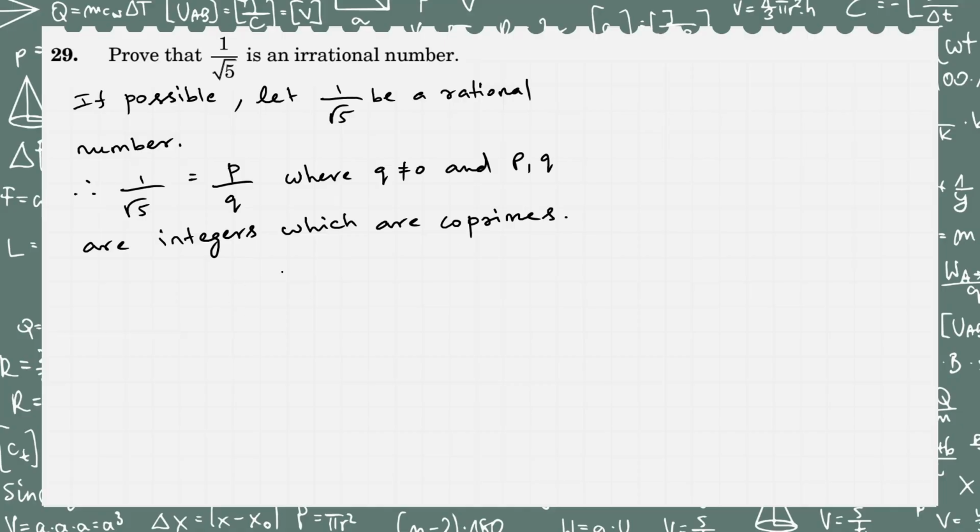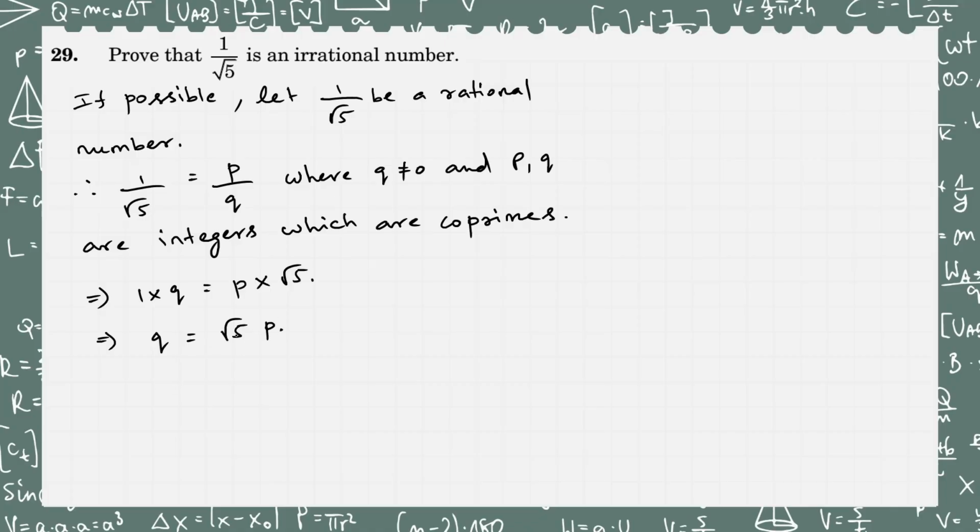Right? So now we can cross multiply. That implies 1 into q equals p into root 5, so q equals root 5 p.